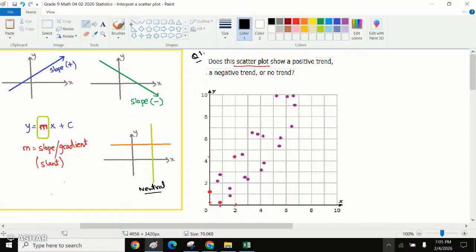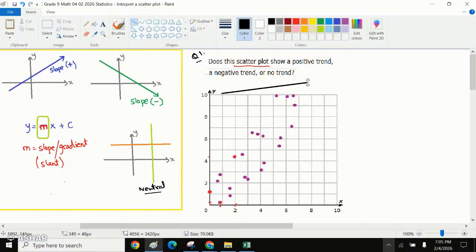If I draw a line something like this, is it passing through or touching the maximum number of points? No, it's not, right? If I draw a line like this, still not. If I draw a line that's facing downwards, would it be passing through the maximum number of points? No, because the points are increasing, right?